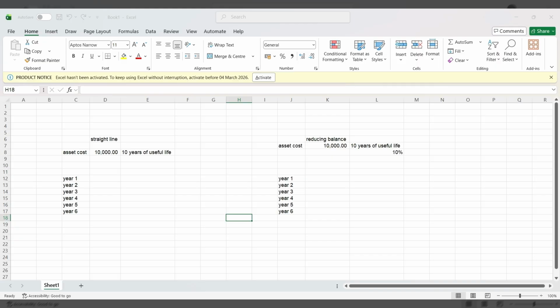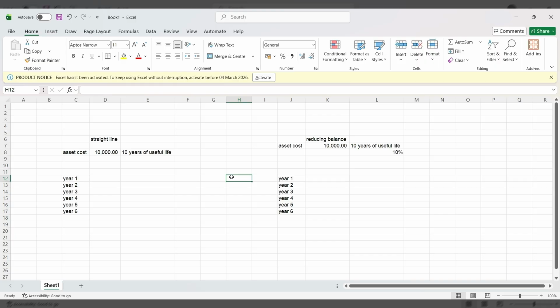If you think about it, an asset that is 3 years old will most likely not work as fast or as efficiently as a brand new asset. So the whole point of depreciation is to recognize this loss of value throughout the asset's useful life.